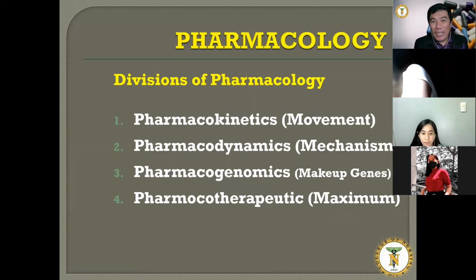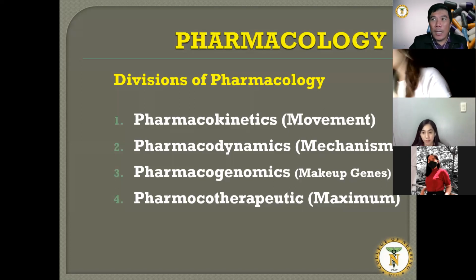I also utilized terms that start with M to help you easily remember what these divisions of pharmacology mean. Pharmacokinetics, as I mentioned, is related to the movement of the drug from the route of administration up to the elimination.